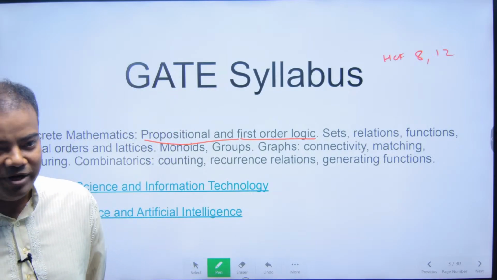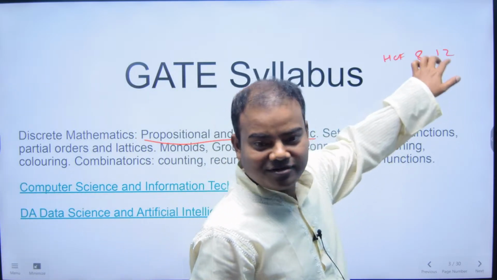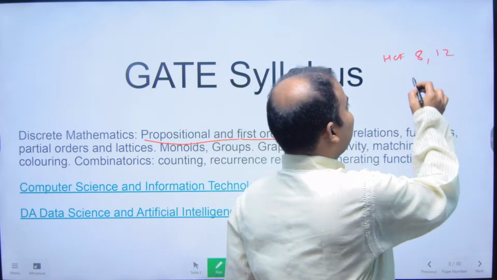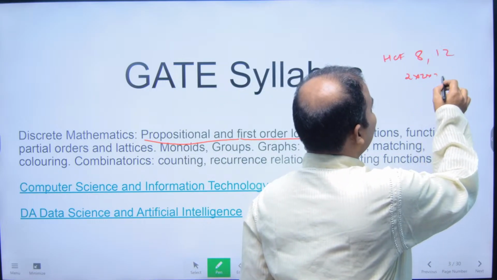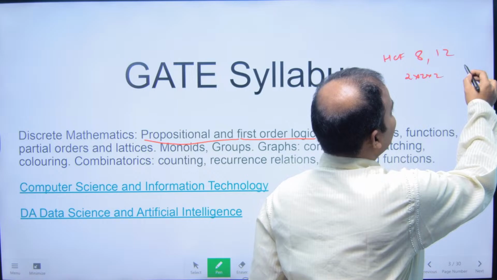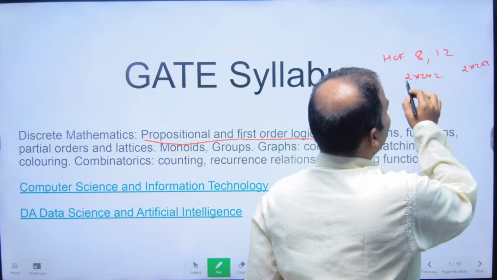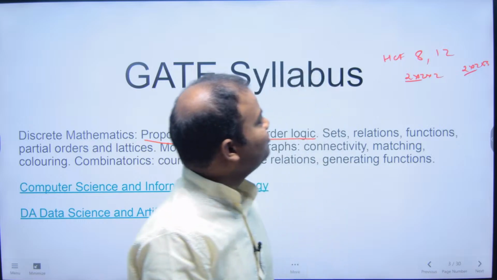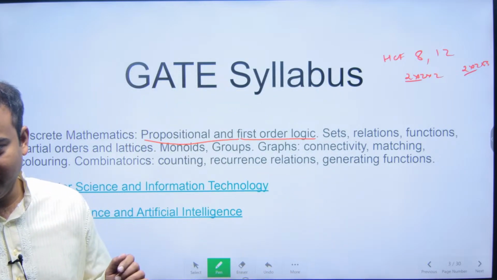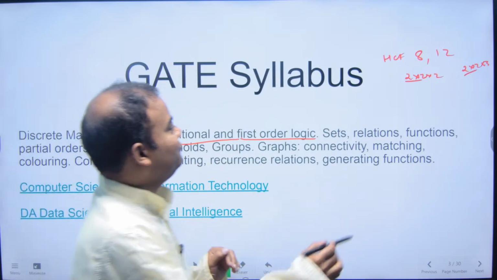There are two methods. One method is that you find the factors of both. The factors of 8 are 2 cross 2 cross 2 and the factors of 12 are 2 cross 2 cross 3. So the common part is this. So this is one method. Okay. But another method is this one.